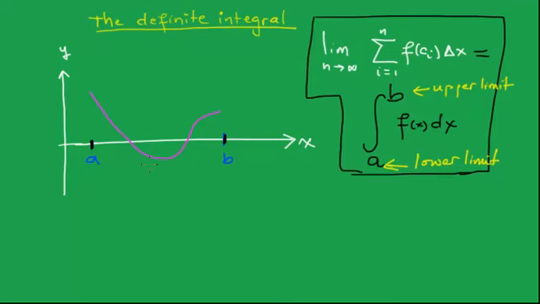Now, one thing that you have to notice about the definite integral is if we want to compute the definite integral for this function that I have in purple here, y equals f of x from a to b, what does it represent? This is what it represents.